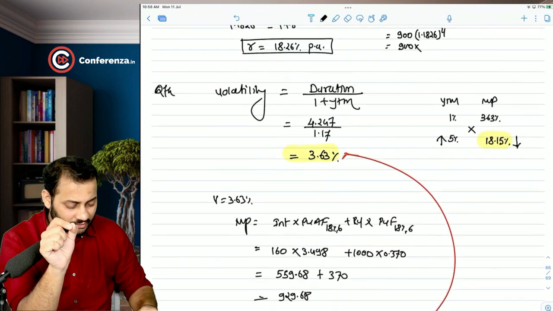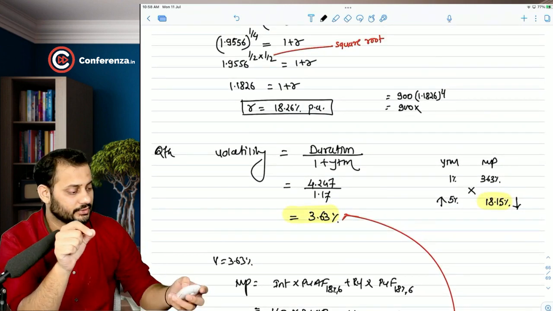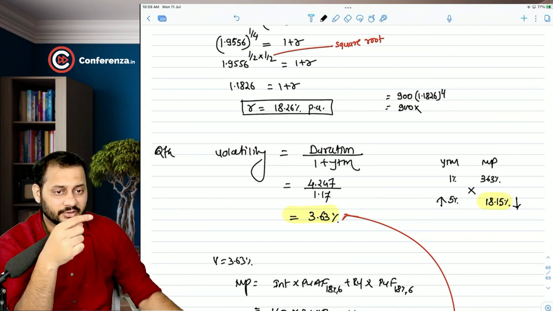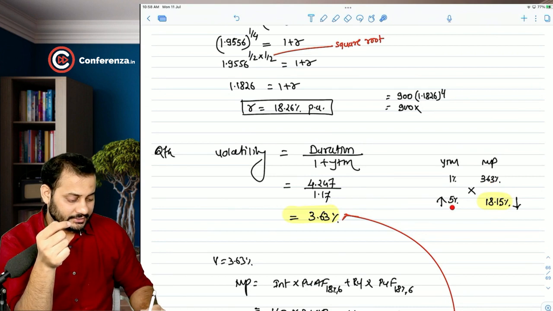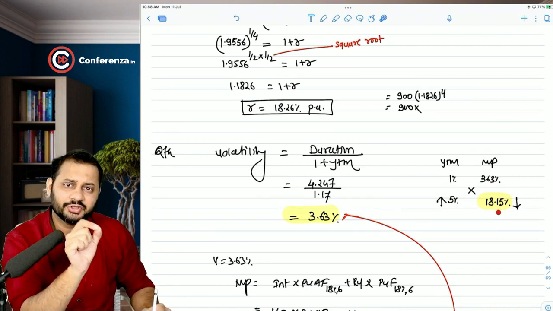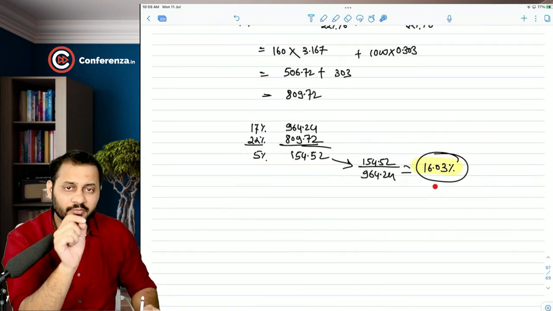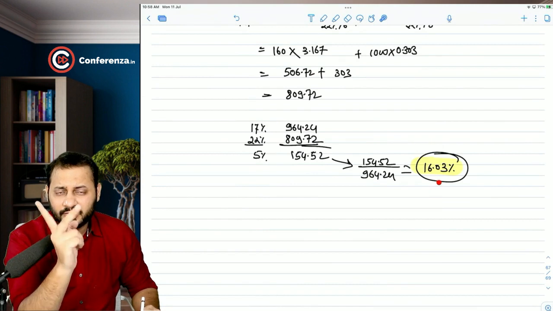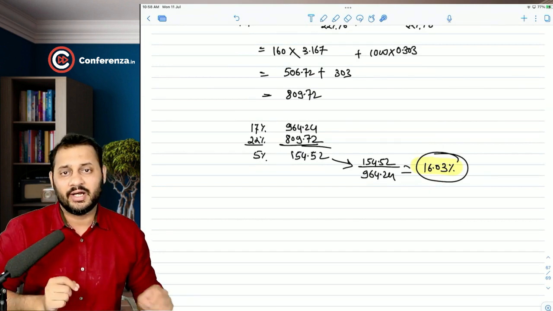But according to the volatility concept, it came to 18.15%. So 3.63 into 5% was 18.15. So volatility was saying that the market price should change by 18.15%, whereas the actual change in the market price was 16.03%. So the 2% error was there, and that's what we have to adjust.